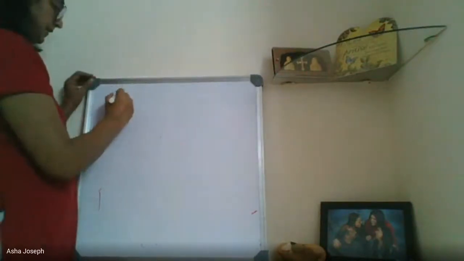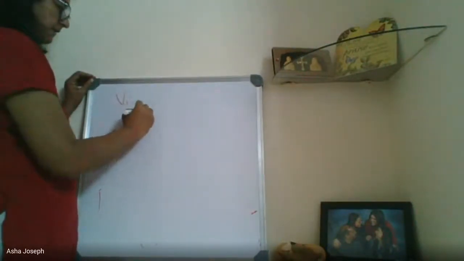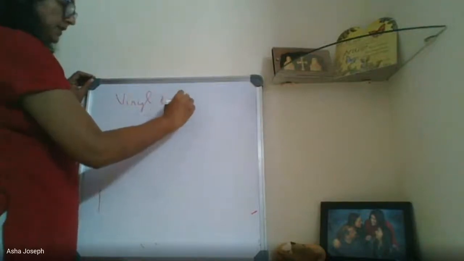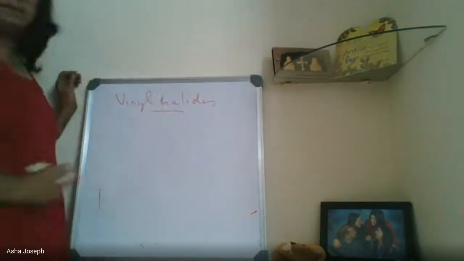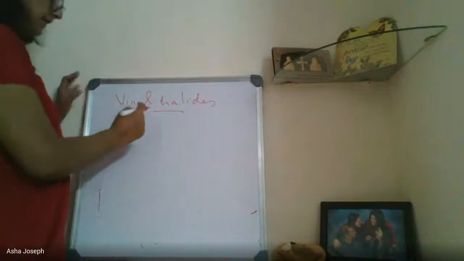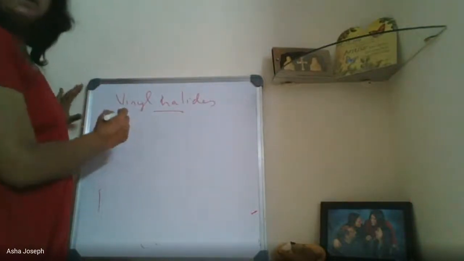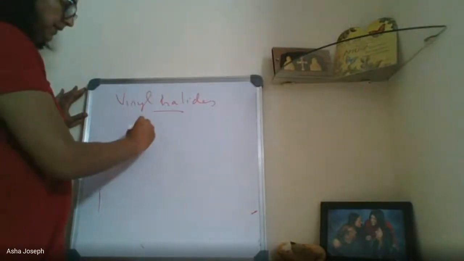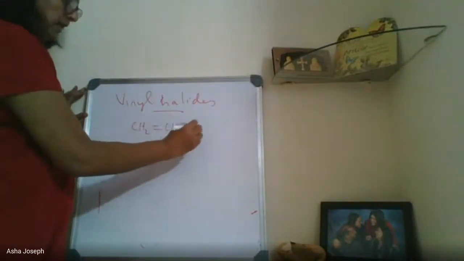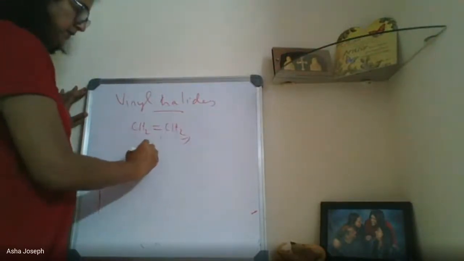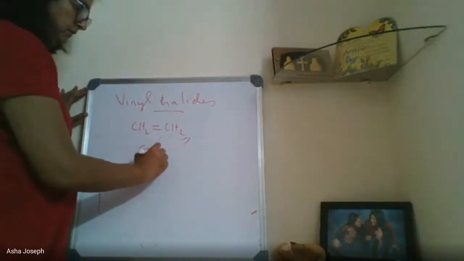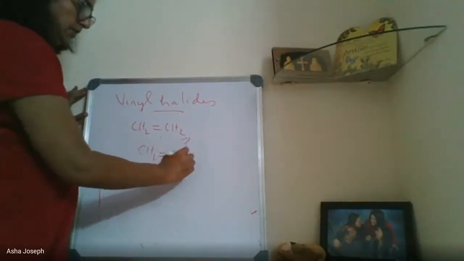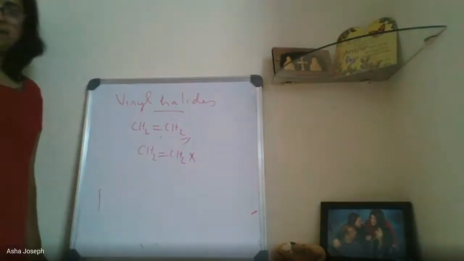So here, vinyl halides. Like allyl halides, where we took propene, for vinyl halides we take ethene, and one H is replaced by Cl or halogen. This is vinyl halide.